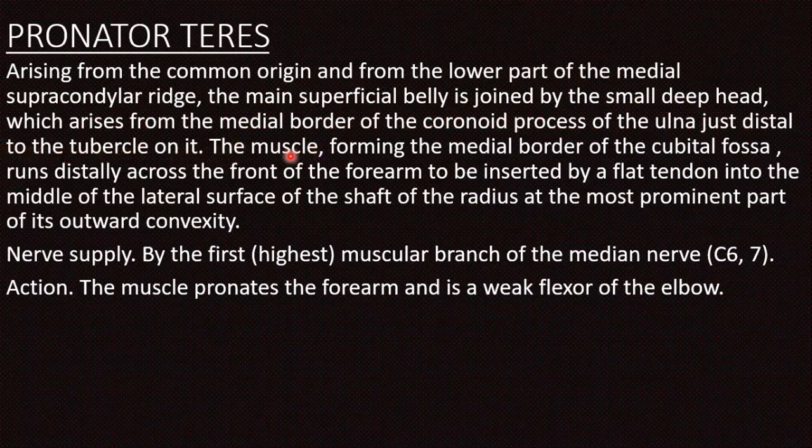The muscle forming the medial border of cubital fossa runs distally across the front of the forearm to be inserted by a flat tendon into the middle of the lateral surface of the shaft of radius, where there is a most prominent outward convexity. That is the insertion of the pronator muscle. It is supplied by the first branch of median nerve. As the name suggests, the muscle pronates the forearm, and it is also a weak flexor of the elbow.